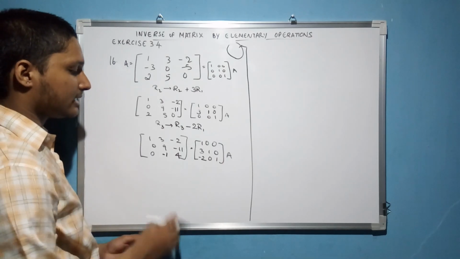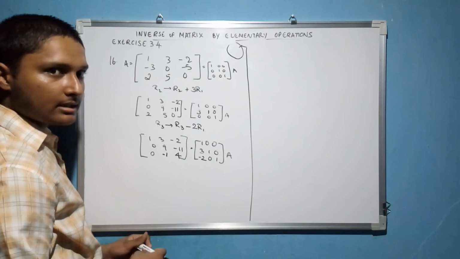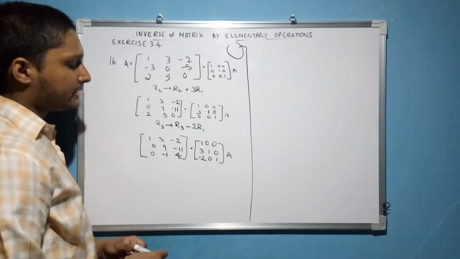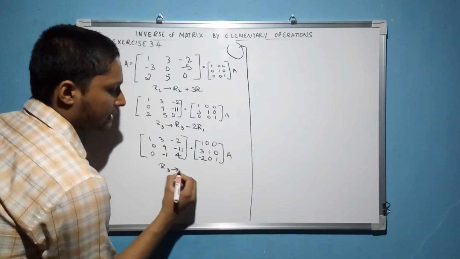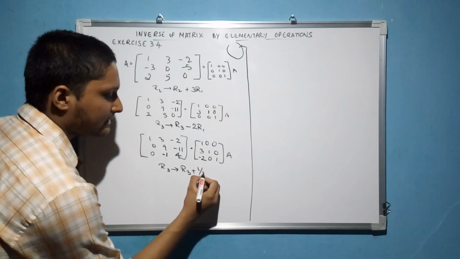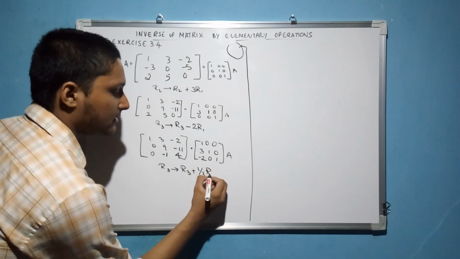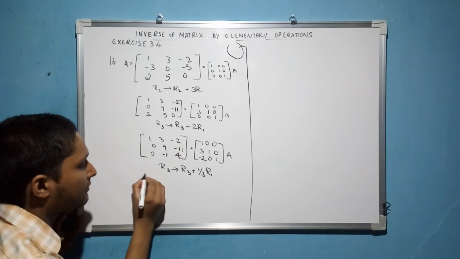So what is the remaining thing? This one needs to be converted into 0. For that, maybe I can do a similar operation. So it is going to be R3 converted into R3 plus 1 by 3 times R1. So I'll get whatever I'll get here.